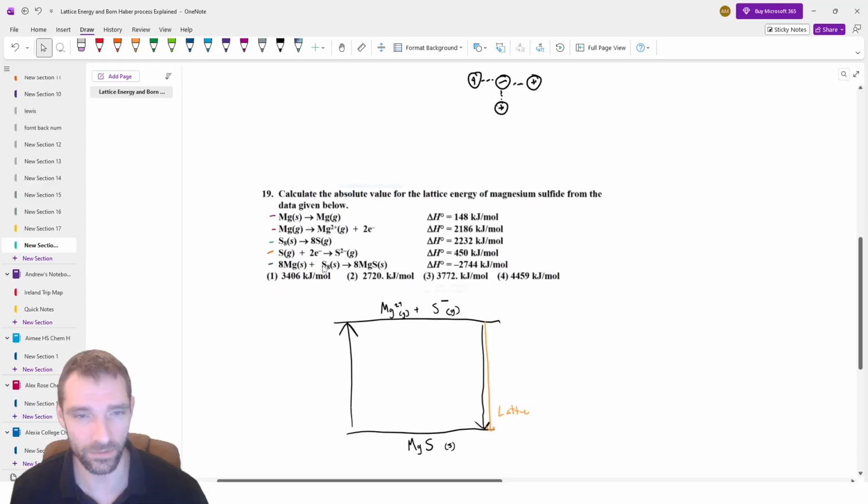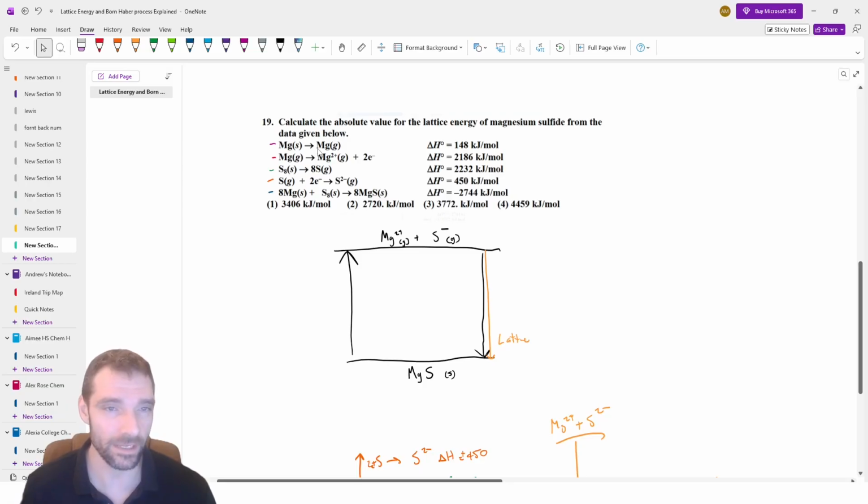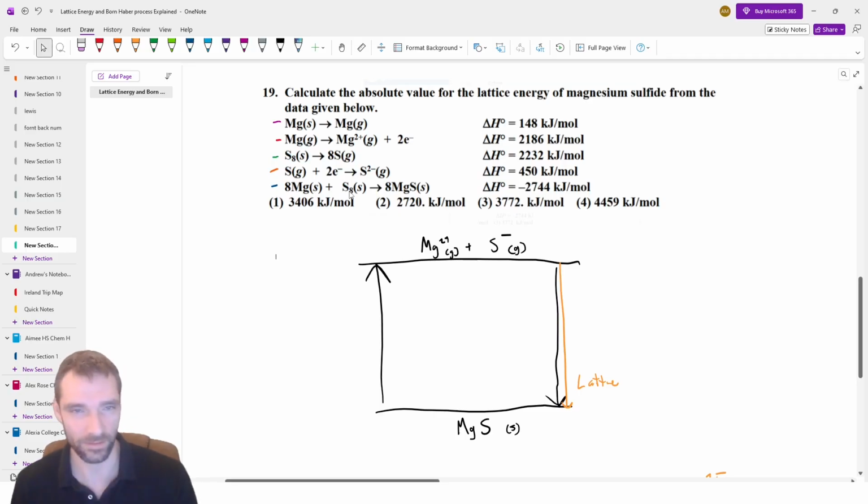So there's also this problem; I've already got it worked out. We do have to consider the amount of energy released for a reaction per mole of that reaction. This one that I've got marked in blue has 8 moles of magnesium reacting with 1 mole of this sulfur in a compound where there's 8 of them to get this magnesium sulfide.